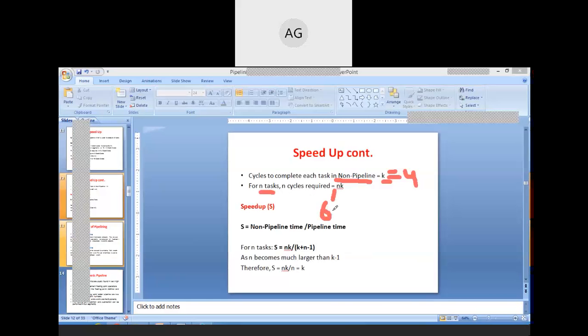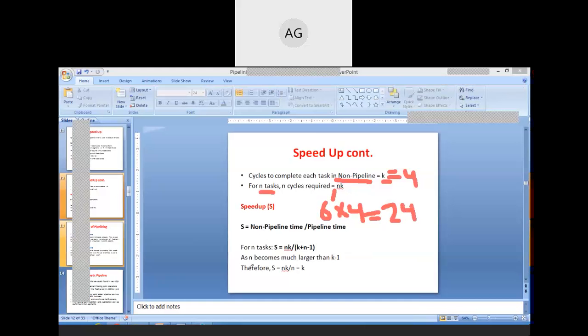So 6 into 4 gives 24, meaning 24 cycles are required in non-pipelining execution, whereas 9 clock cycles are required in pipelining execution.